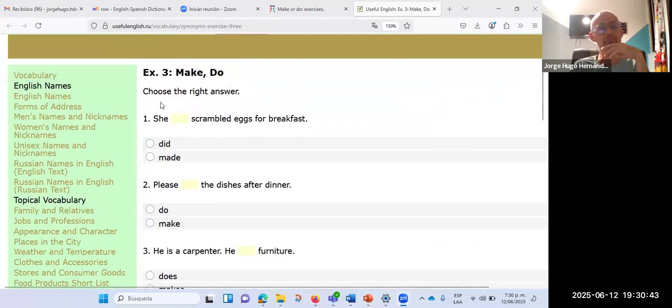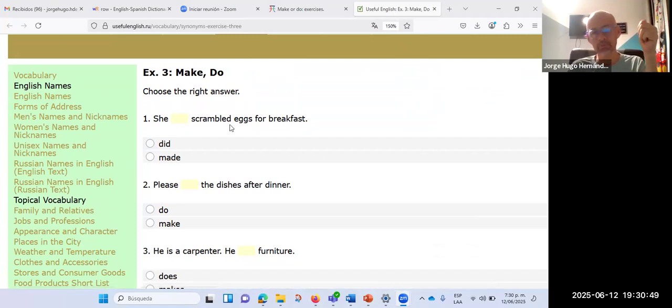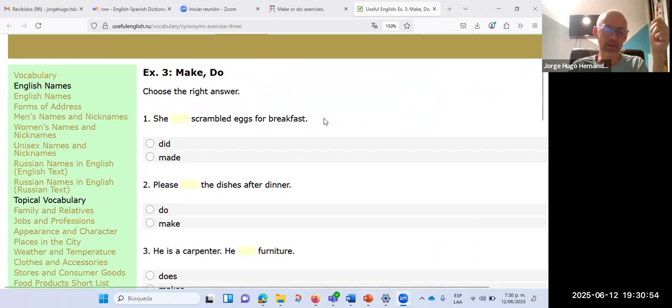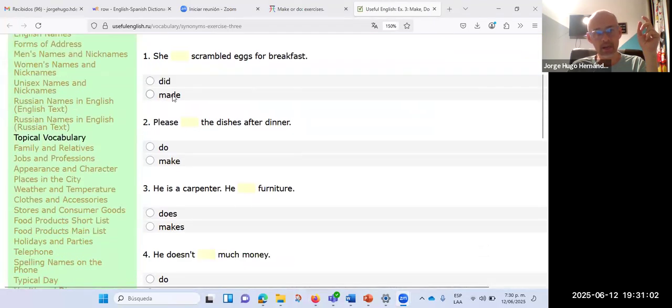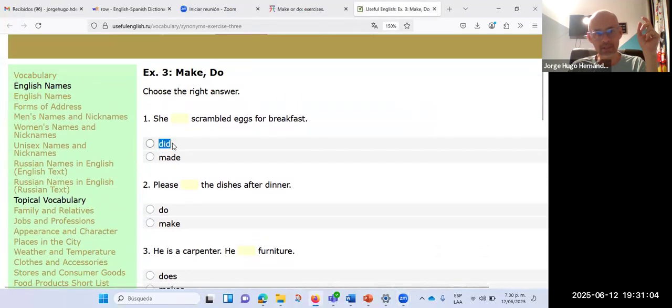Now, here we find the verbs do and make, but we can find them in present, in past, or in future, and it's the same, no? For example, in the first one, she scrambled eggs for breakfast, and it's in past, no? So did or made.